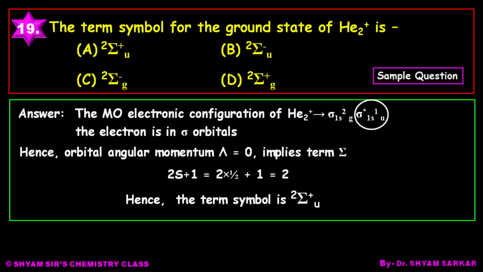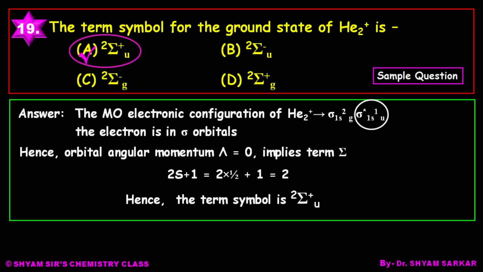You can see from my previous video I have given rules for the determination of the molecular term symbol. There I said that plus symbol will be used for sigma, plus and minus, but here plus will be used because the electron is in the sigma orbital. So the right answer will be 2 sigma plus u. It matches with option A. So option A is the right answer.